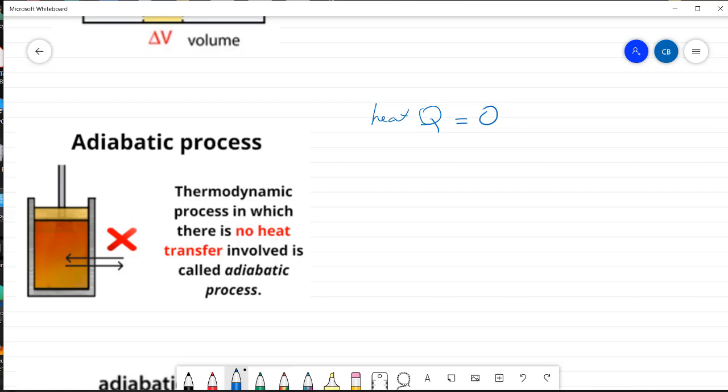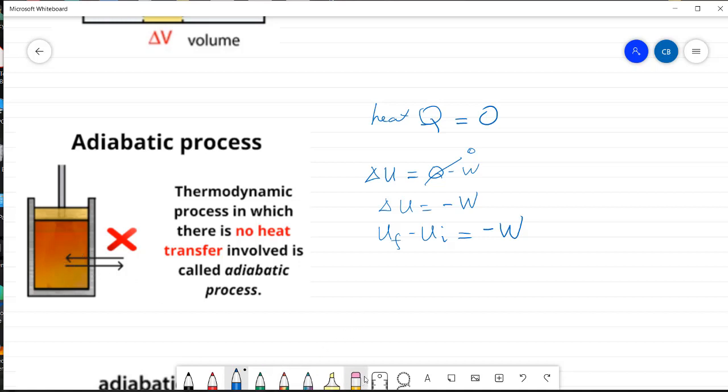So what will happen to our equation now? From the first law, delta U is equal to Q minus W. Since Q is 0, we have delta U equal to negative W, or U final minus U initial is equal to negative W. An example of this kind of process is the mixture of gasoline vapor and air during the compression stroke of a gasoline engine.